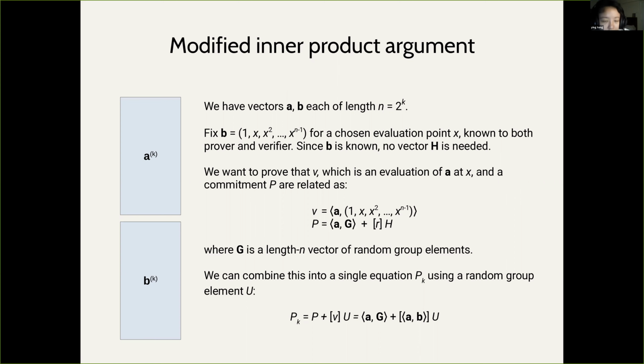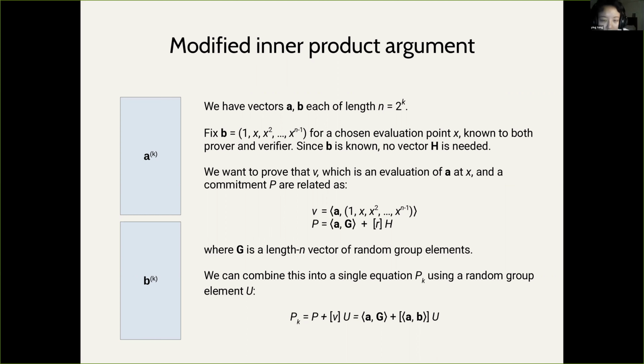So we have a and b. And what we want to prove to the verifier is 2 things. First of all, that the vector a evaluates to a certain value v at the point x. So in other words, the inner product of a and b equals v. And secondly, we want to prove that there's some commitment P that commits to the vector a.